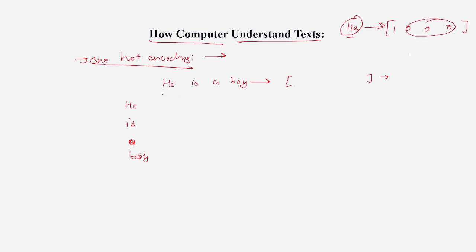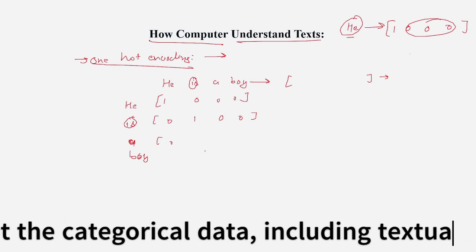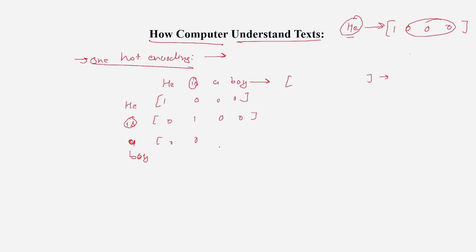Like a similarity matrix: is and is matching, we have placed 1 and the others are zero. So this is one hot encoding. A and a is matching, and he and a is not matching, zero. A and is not matching, zero. A and boy, 0 0 0 1. This is one hot encoding.